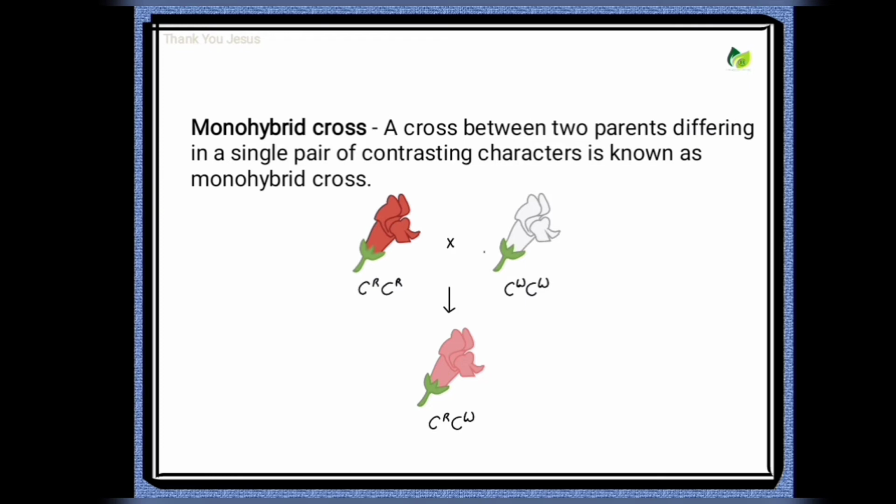So they are contrasting in a single character. Both the parents differ in a single pair of contrasting characters. Such a cross is nothing but monohybrid cross.